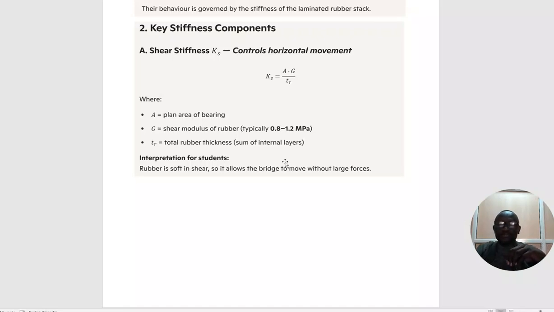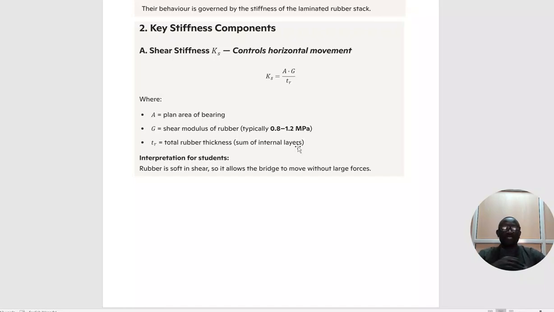Because they are telling us TR is the total rubber thickness, it means the sum of internal layers of rubber. I don't think we include the steel there, but of course we have to check. So rubber is soft in shear, so it allows the bridge to move without large forces.